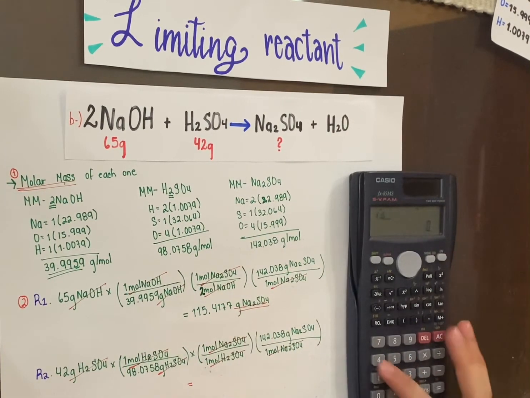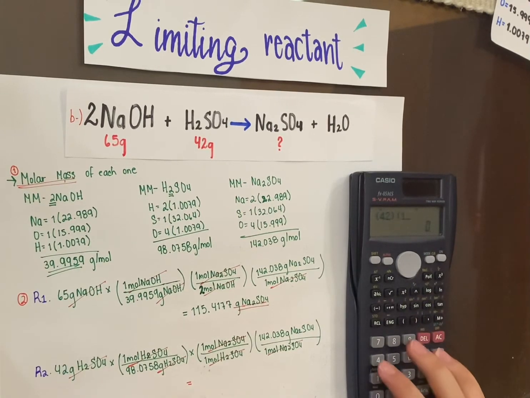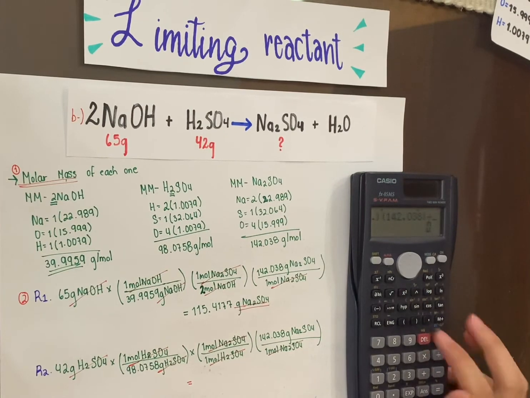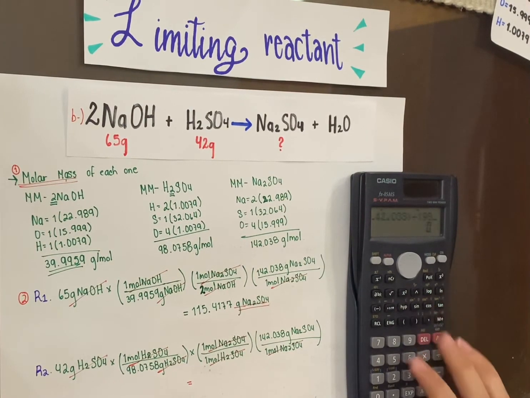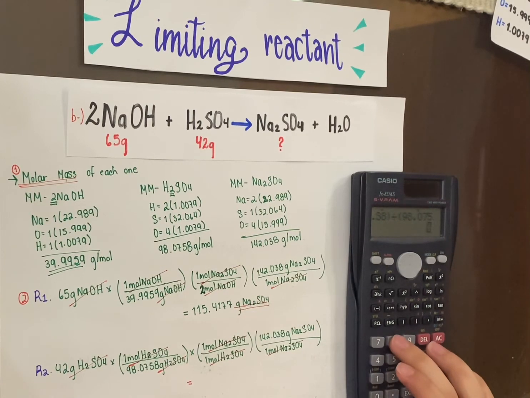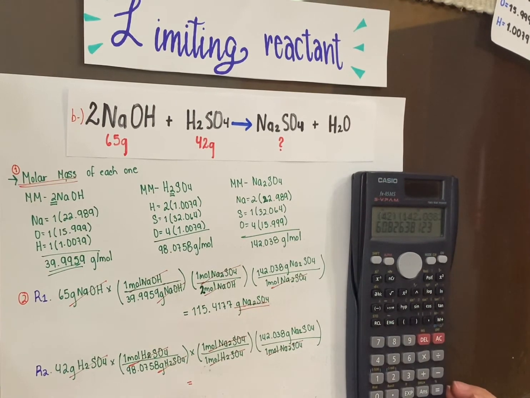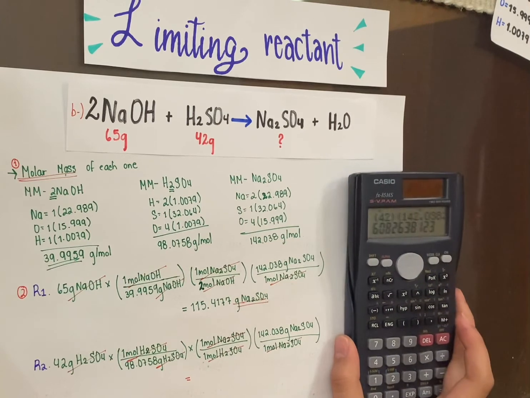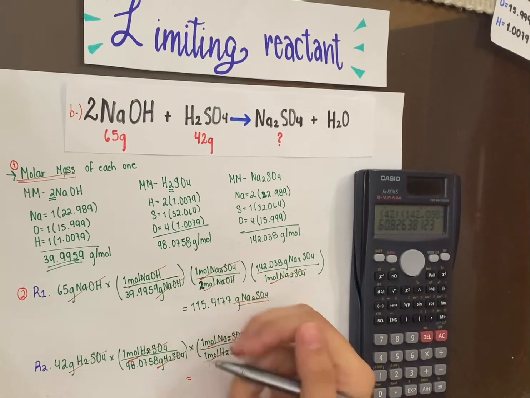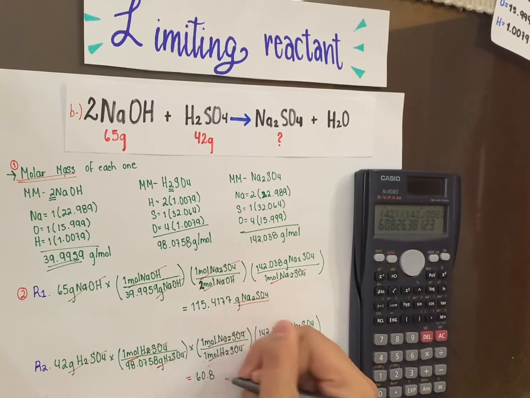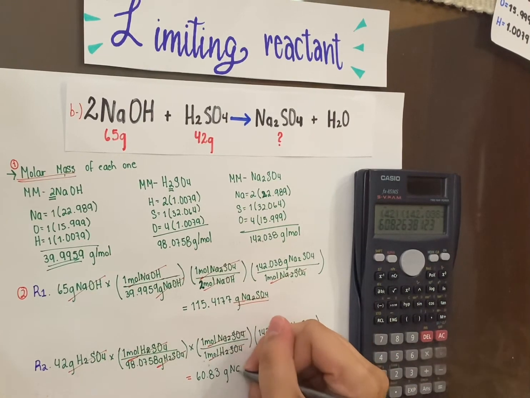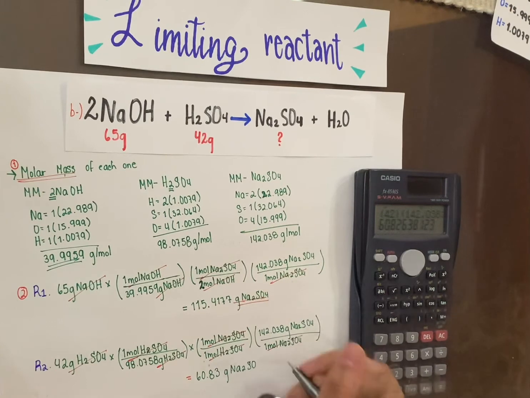So it's 42 divided by 98.0758. This gives me 60.82, that rounded is 60.83 grams of Na2SO4.